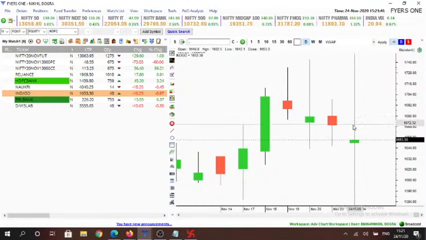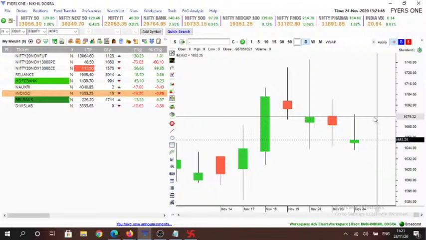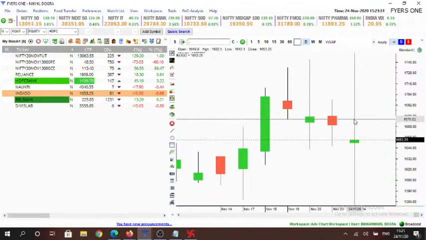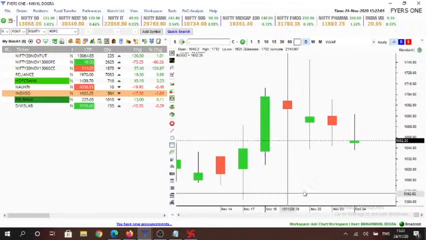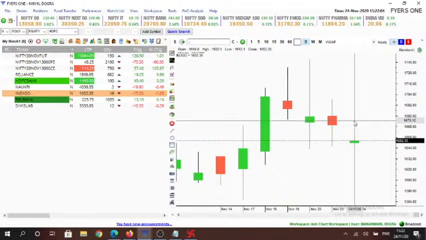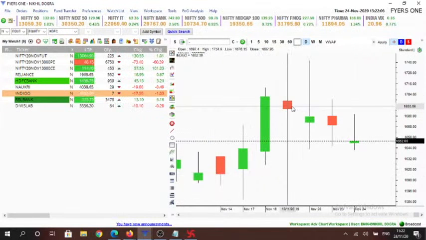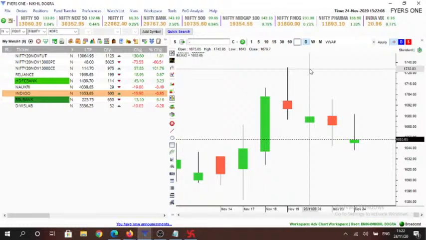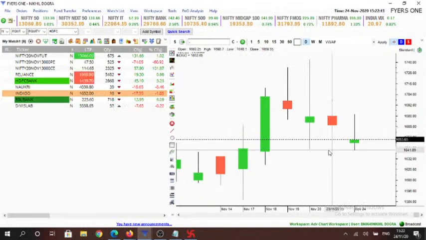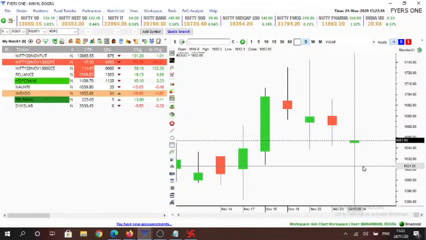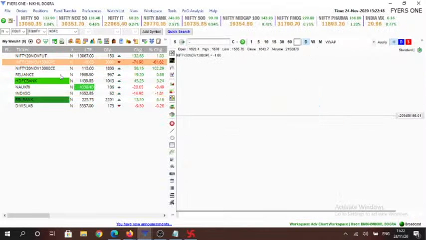If it had sustained levels of say 1670-80, it was trading around here, 1682 highs, if it was trading at higher levels, then it could have potentially traded towards 1740 levels. But here you have to see that sellers have again stepped up and the inside candle has broken to the downside. And now I'm seeing puts breaking the lows as well.